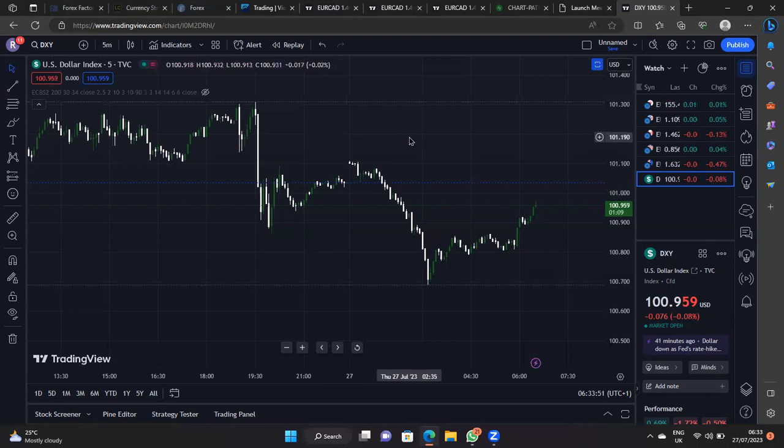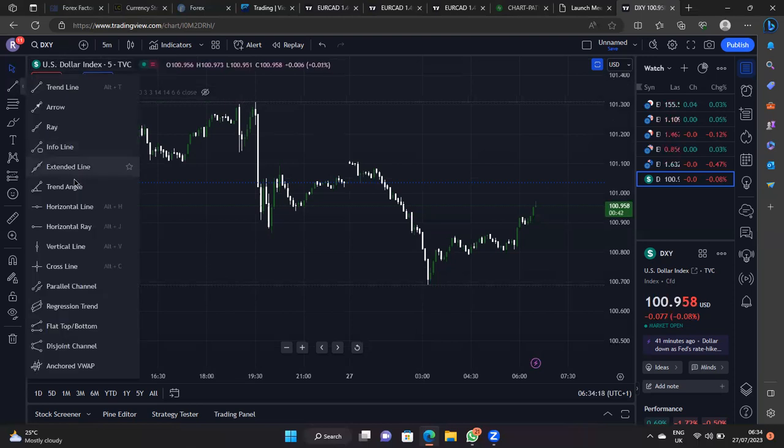It is another way you can set up your support and resistance, but I don't see it as a reliable way. Eyeballing the chart is a situation where you just come and look at the chart. Okay, look at this zone. Price touched here and dropped. Price touched here and dropped, and you feel this is the zone. This is a support. This is the resistance zone, and you probably set something around that zone.